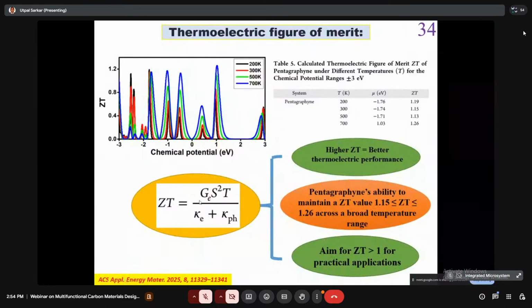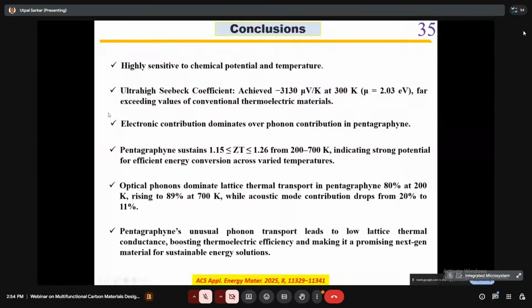So my conclusion is that the Seebeck coefficient and all these things are highly sensitive to chemical potential and temperature, and we have achieved an ultra high Seebeck coefficient. Electronic contribution dominates over phonon contribution.